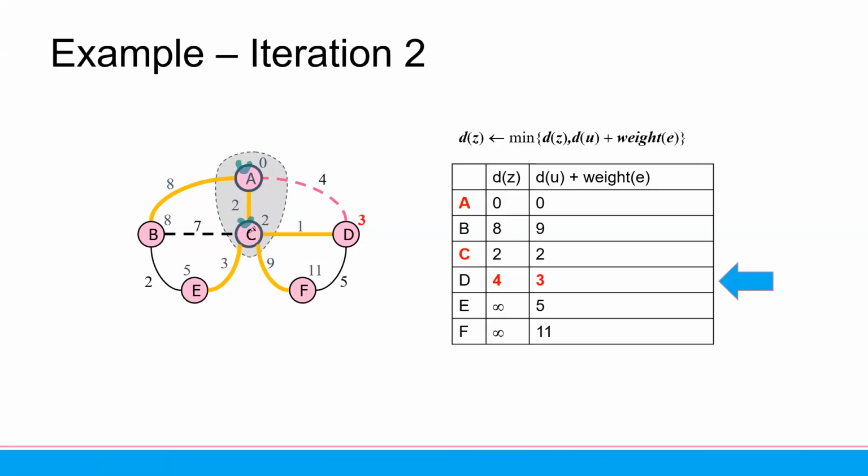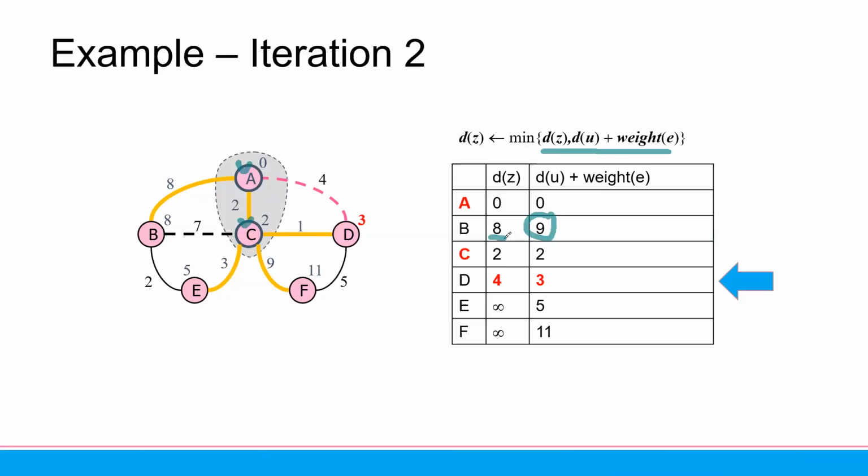I need to update the incident edges of C. C to B, what happened? 2 plus 7. Okay, so it means we can update it into 9, but we want to find the minimum. What is the minimum between 9 and 8?